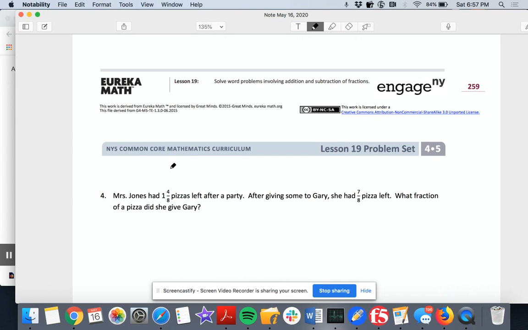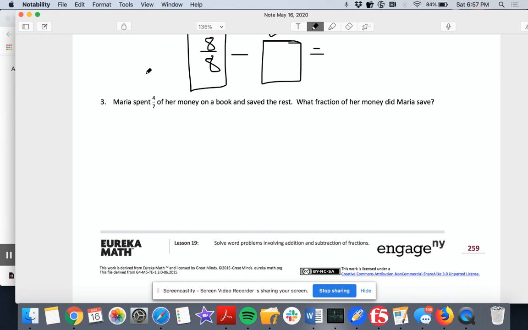Number 3 asks, Maria spent 4/7 of her money on a book and saved the rest. What fraction of her money did Maria save? So she spent 4/7 of it.